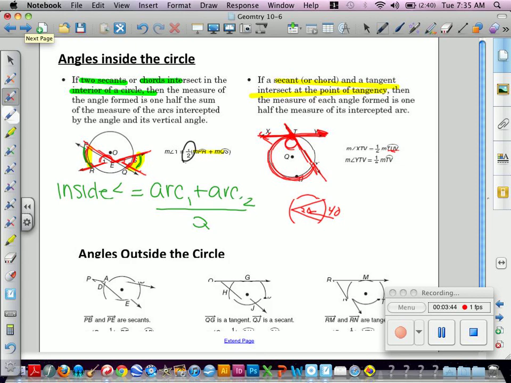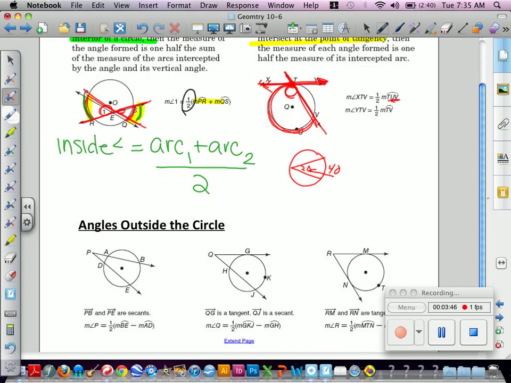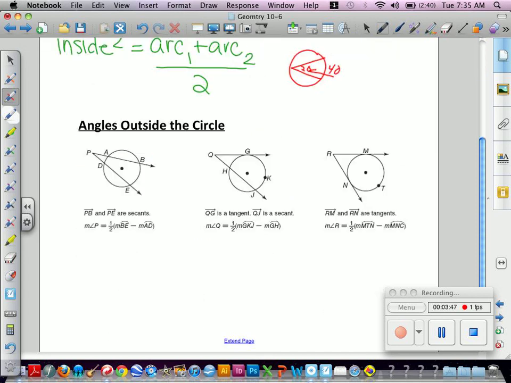Let's take a look at our last couple of examples down on the bottom. These are all outside angles. Outside angles, the angle outside, the angles outside, and the angles outside. They all have the same formula. When I had an inside angle, I added the 2 angle arcs, and then I divide by 2.